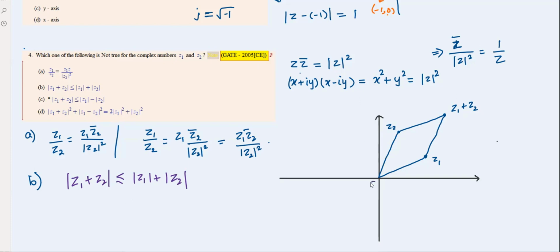This is the Argand plane origin O, point A, point B. The distance of O to A is mod Z1. The distance from O to B is mod Z2. And because these are parallelograms, this will be mod Z1, this will be mod Z2. Now this sum is modulus of Z1 plus Z2. Okay, so this is complex addition.